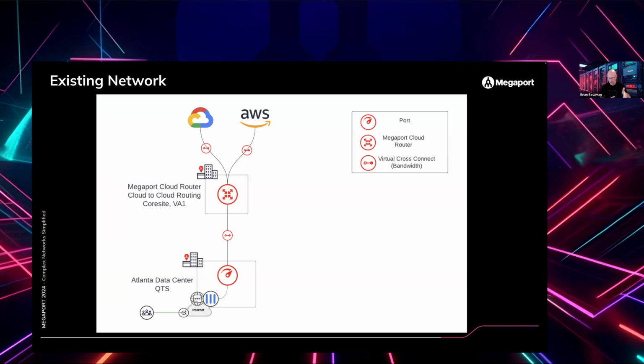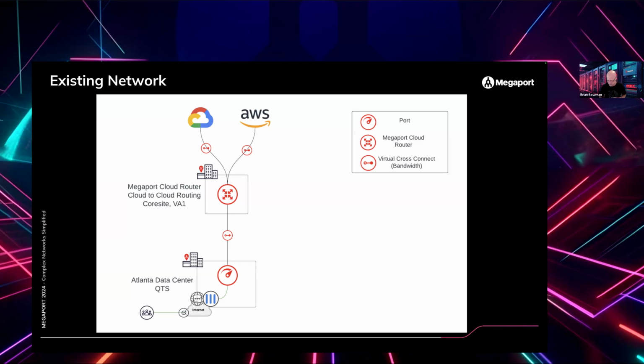Anything that needs to go down to the data center can go across that private network into my Atlanta data center. In this example, I have users hanging off that Atlanta data center. I've got a physical FortiGate appliance out there, and I'm bringing in my remote users via SD-WAN or whatever methodology, SSL, IPsec, whatever it is. This is my existing setup.